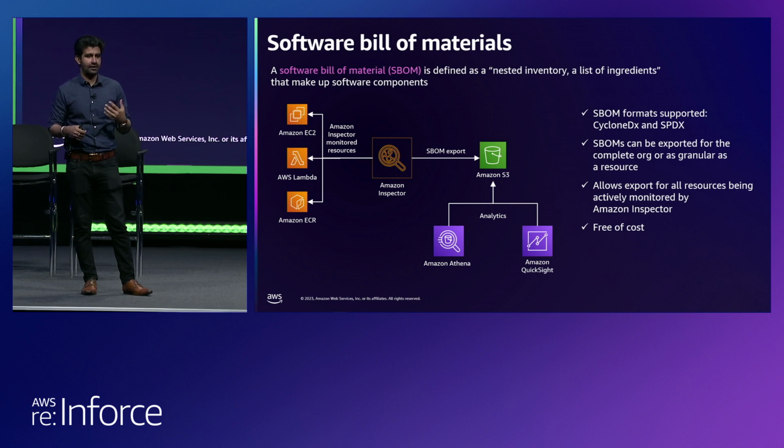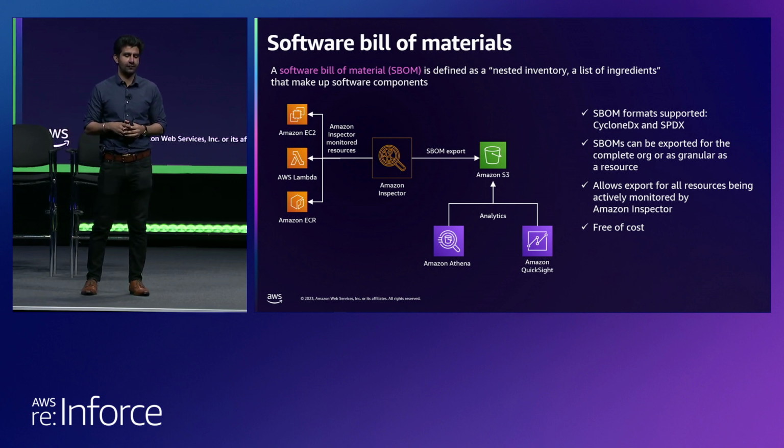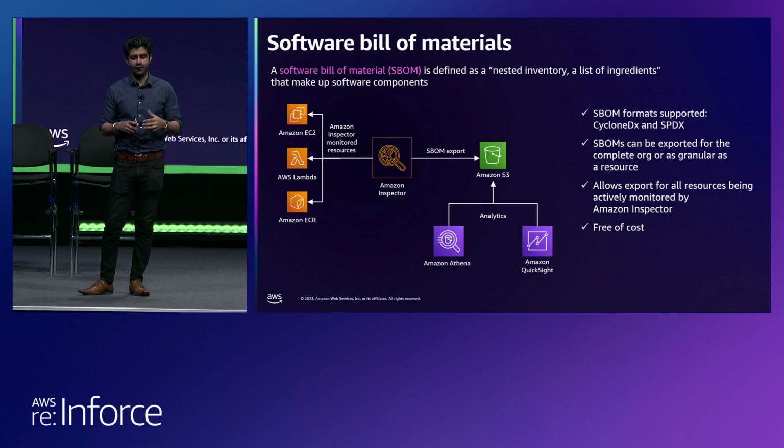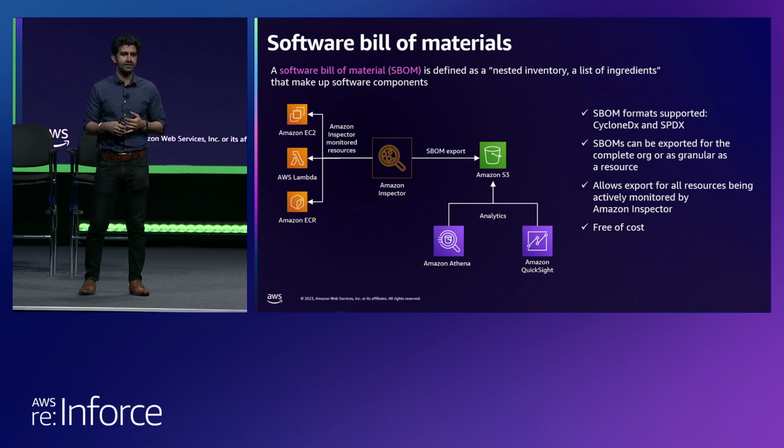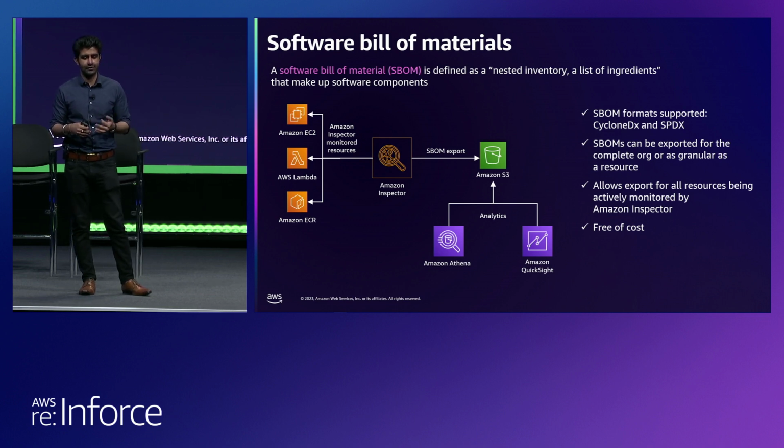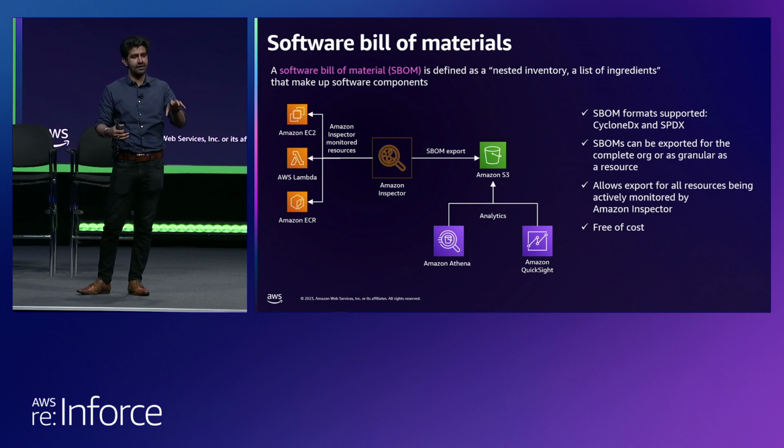Both of these are widely adopted industry standard formats for SBOM. And for any resource that Inspector monitors, including EC2 instances, Lambda functions, and container images, as soon as we discover it, you will also be able to export SBOMs for an individual resource as well as at the org level.